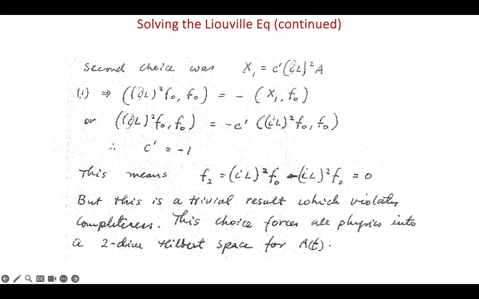I know this is very confusing actually when you start going through it, but if you want me to back up anywhere, just let me know. But essentially, if we make x1 equal to this guy here, then IL whole square times F0 comma F0 must be equal to minus x1 F0.